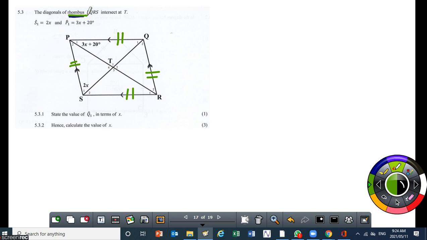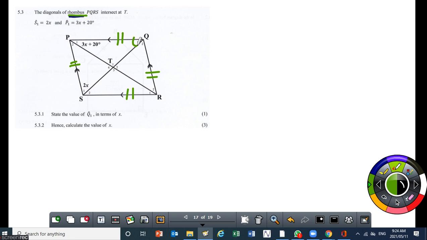All the four sides are equal in length. The diagonals bisect at right angles. It has two pairs of opposite sides that are equal and parallel. The diagonals bisect the opposite interior angles. Those are some of the properties. So, if I want to find Q1, the other thing I want you to be aware of is that the diagonals are not equal. Q1 is this angle here.